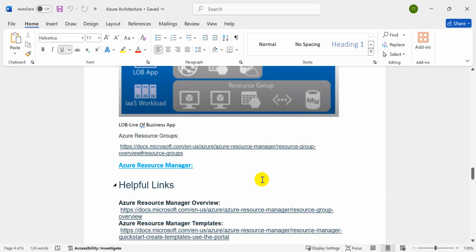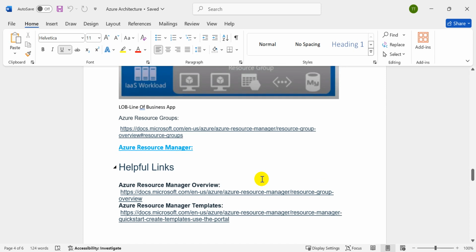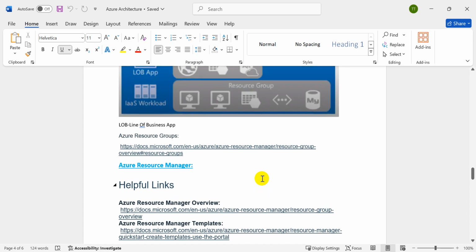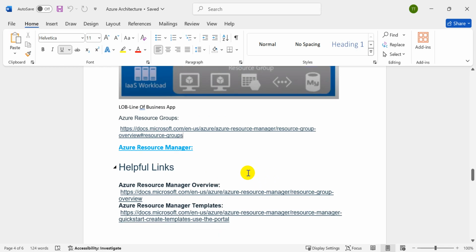Then what is ARM? Another concept is Azure ARM, Azure Resource Manager. What does the ARM do?